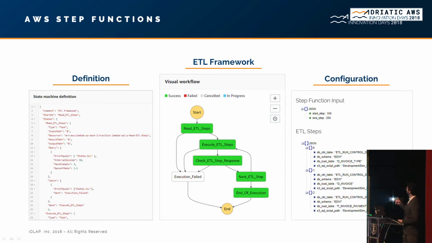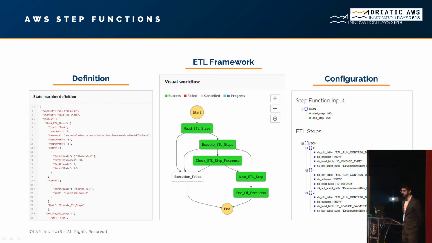So we can call the step function the first time and set steps 1 to 100, and then call it the second time with 101 to 200, and similar. That's how we won't break the limit.